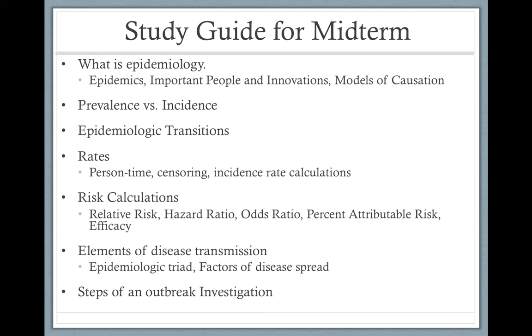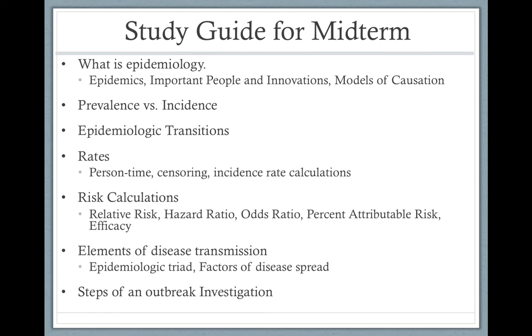I want you to know about rates and person time. You should be able to convert different units within rates. I want you to know what to do with incidence rate calculations. If I give you a study population with different inclusion, dropout, and censoring dates, I want you to be able to calculate person time and then the incidence based on that.